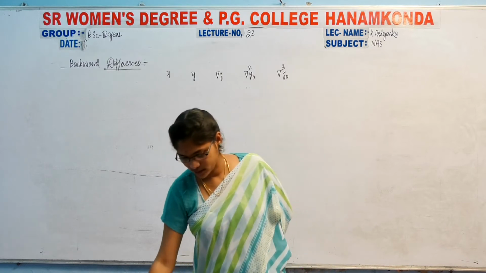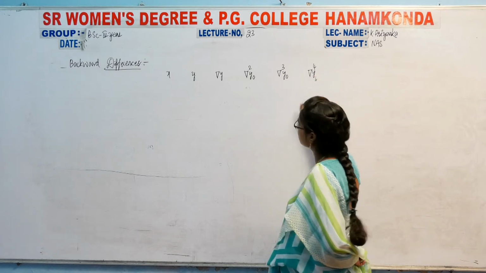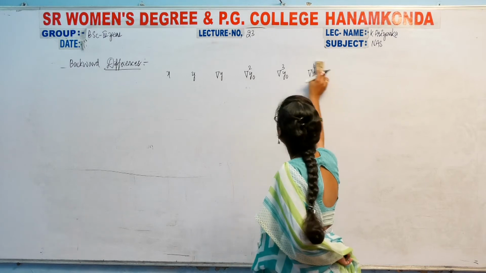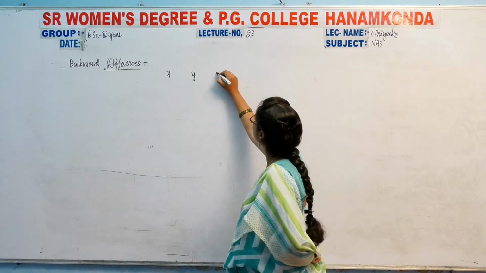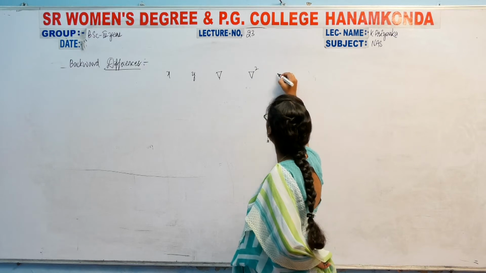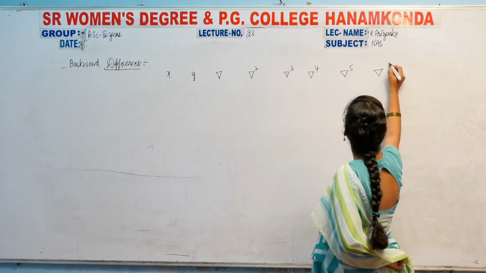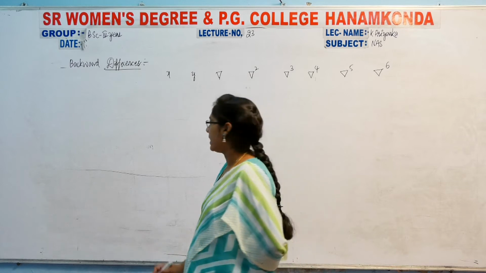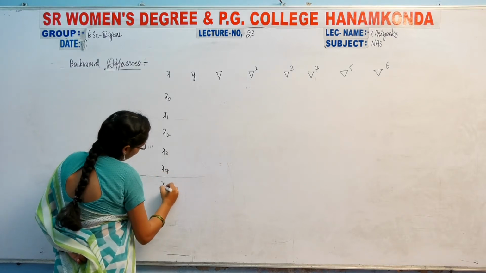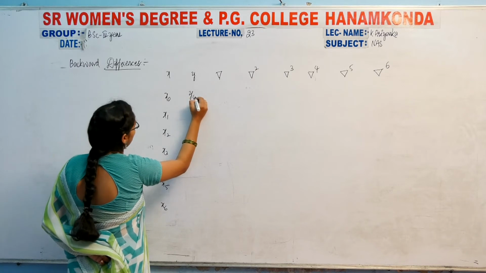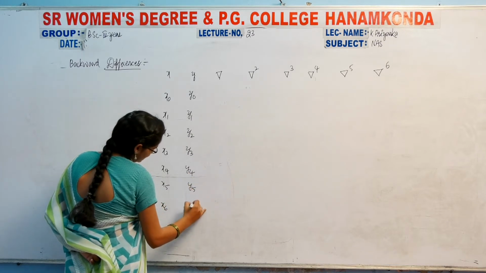Here I am taking the reverse. Now we take the values of x: x0, x1, x2, x3, x4, x5, x6, and then y0, y1, y2, y3, y4, y5, y6.